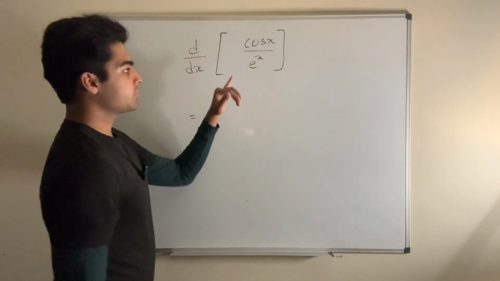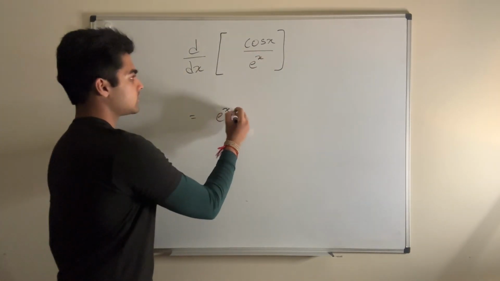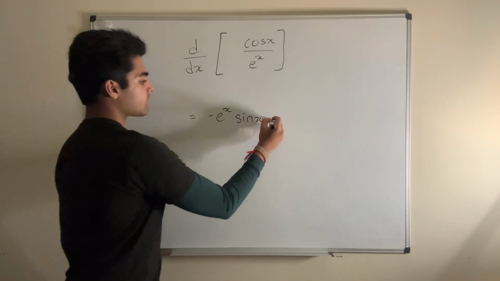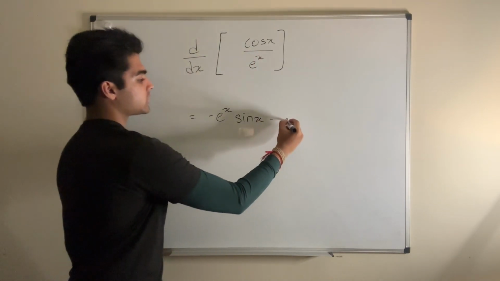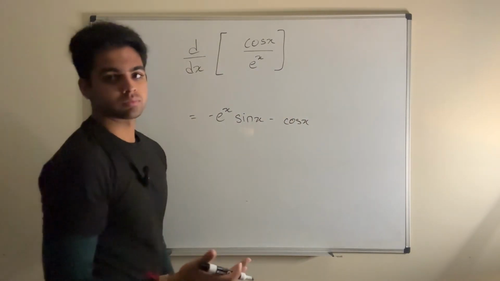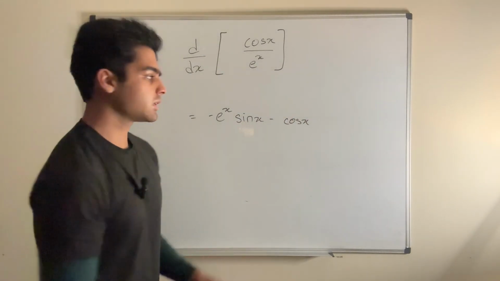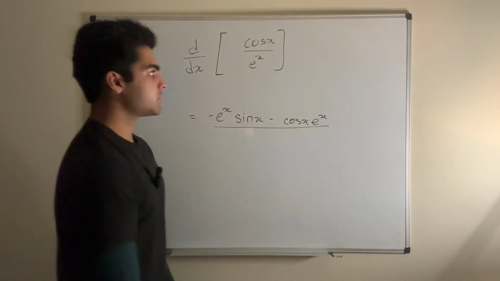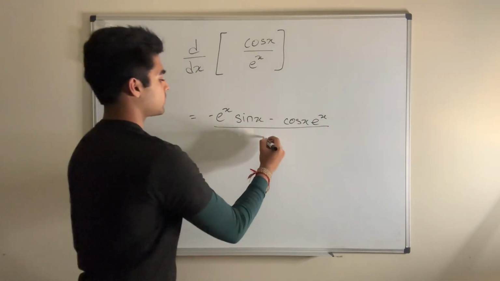So low d high, so low is going to be e to the x. D high is going to be negative sine x, minus high d low, so cosine x. D low, so again, derivative of e to the x is just e to the x, all over the square of what's below. So e to the x squared.